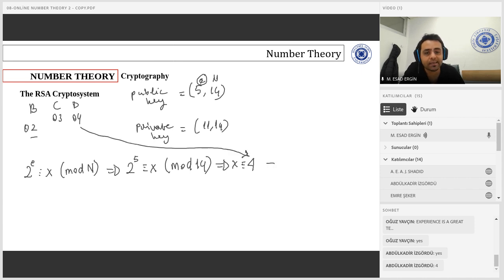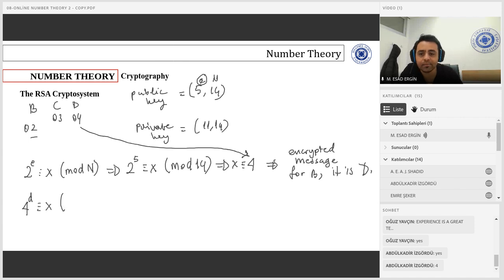So we can say that the encrypted message for B is D. Instead of B we have to write D, which is 4. Now we are going to decrypt: what is X in modulo n? It is the same, so 4 to the power of 11, what is X in modulo 14?